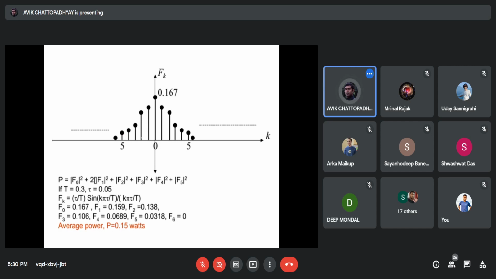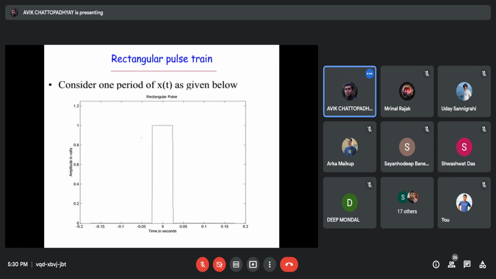Each of the components that are there within the first null, you just find out. So all the a_k's, or the D_n's, whatever you say, you just find out, and then you just show that the power hidden within that first null is about 90% of the power of this original signal. This is the period of this signal, and this is the width of this signal pulse.